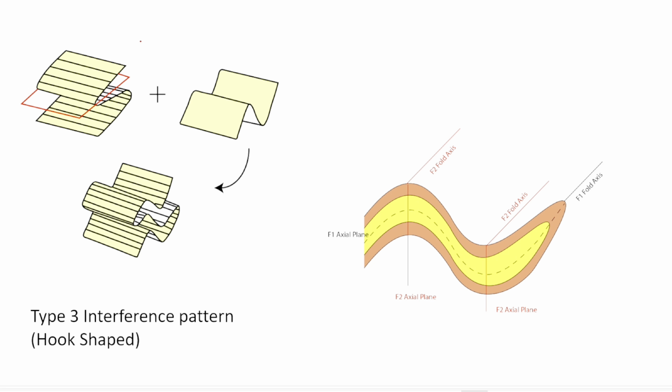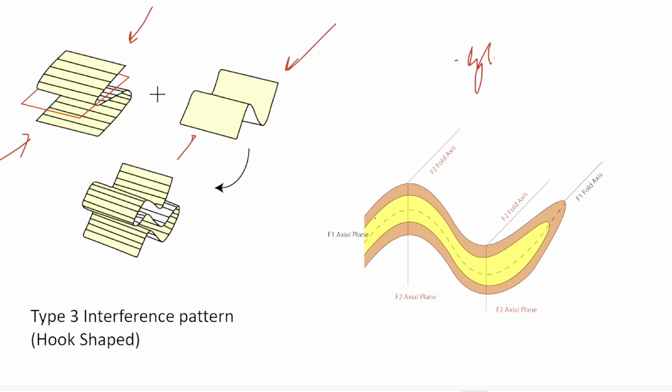After watching the visualization, forces are applied like this. Due to that, the recumbent folds are developed. Again the force is applied from the same direction, and we are getting the hook shape pattern. If we look at this fold axis or hinge line, it is not curved, so it is cylindrical.